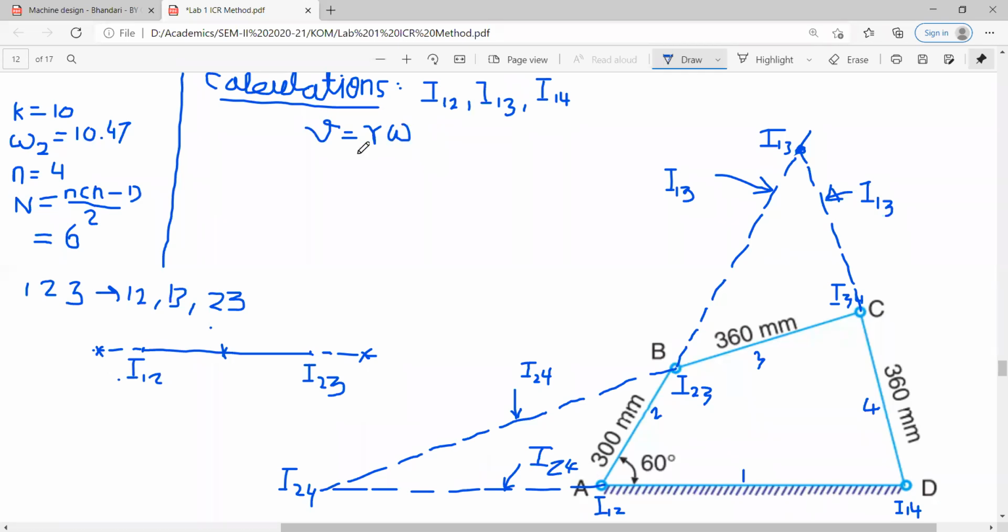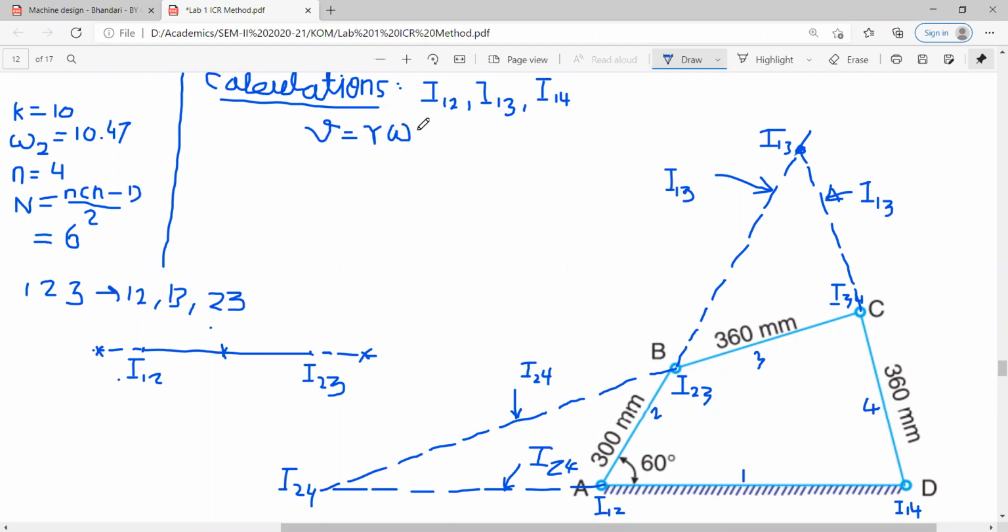In order to solve this equation, you need to know any two parameters, so the third can be found. As far as radius is concerned, if we know the center of rotation, we can find out the radius of any point.